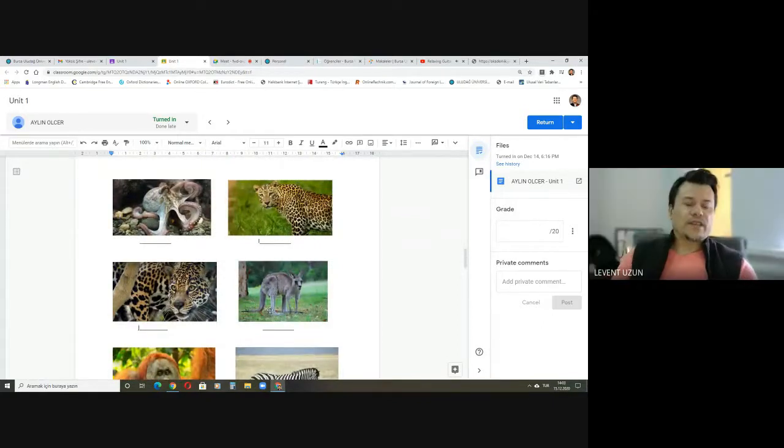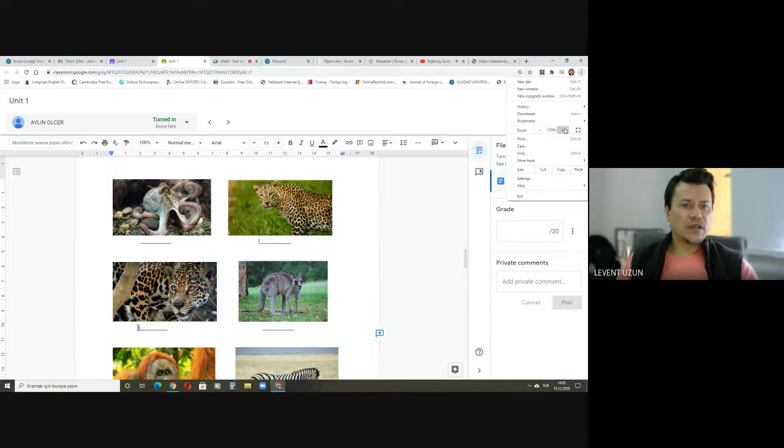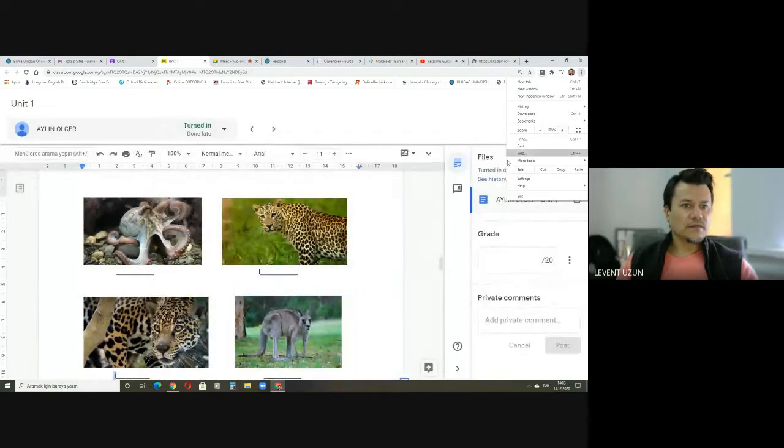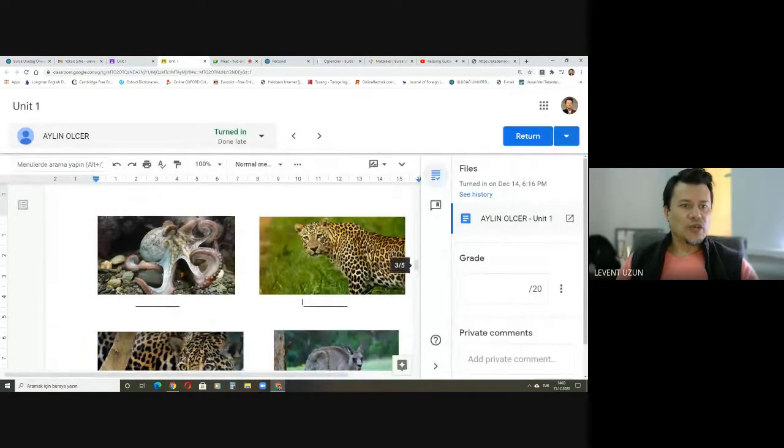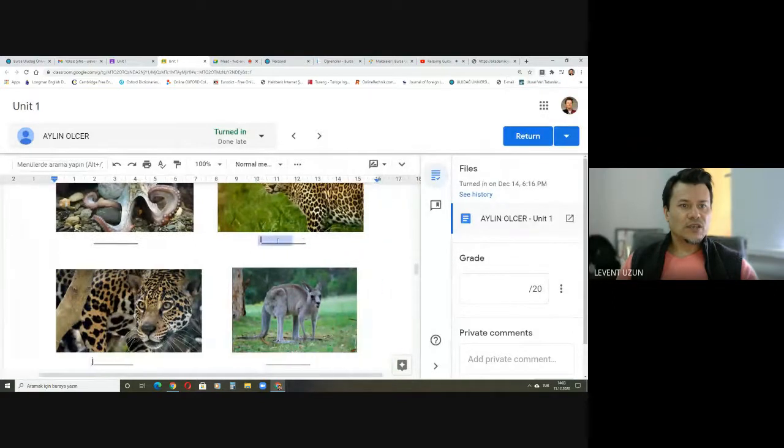Very nice. Jaguar and leopard are very similar looking, so you gave all the first letters, as we see here, in order to avoid that, right?